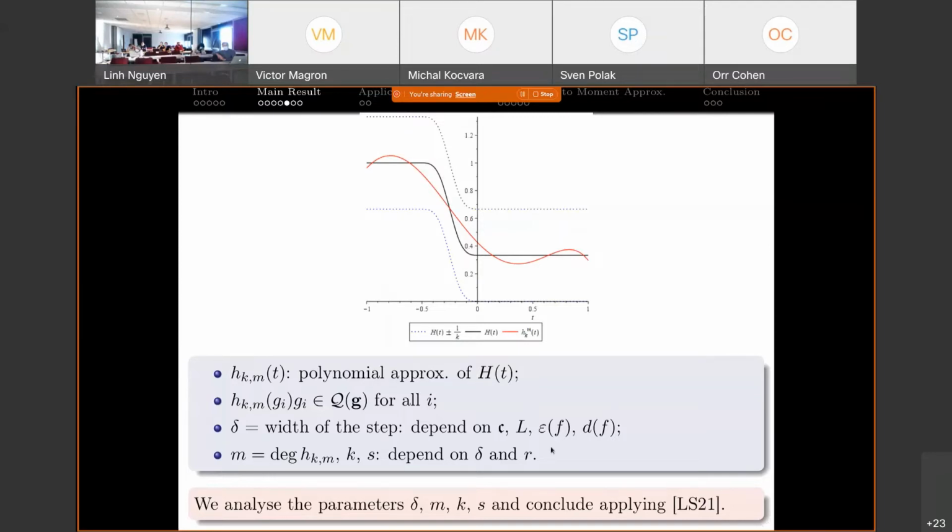And this depends on the Logistic exponent, on the Logistic coefficient, on epsilon, and on the degree. So the worse the problem is, the smaller the step will be. So the first derivative will go to infinity if, I don't know, L is going to infinity, for instance. And then you compose it with the GI. Yes, and then you say H of GI times GI.